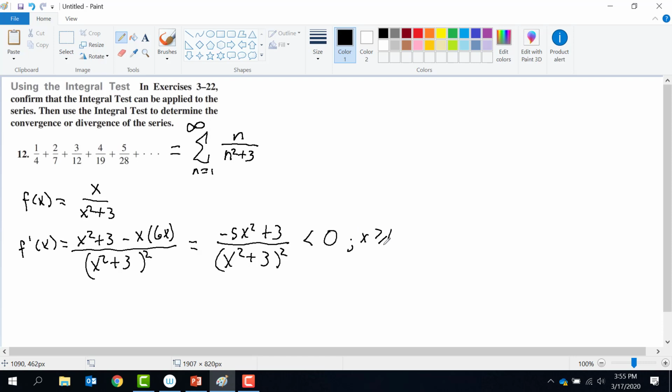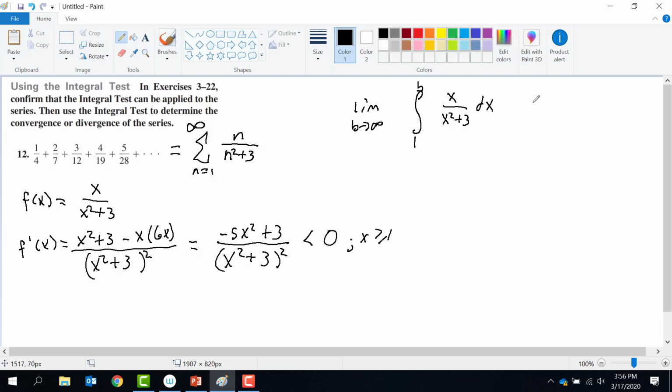And so now we can apply the integral test. Again, we're going to take the limit as b goes to infinity of the integral from 1 to b of x over x squared plus 3 dx.